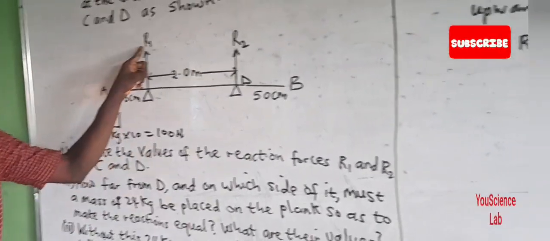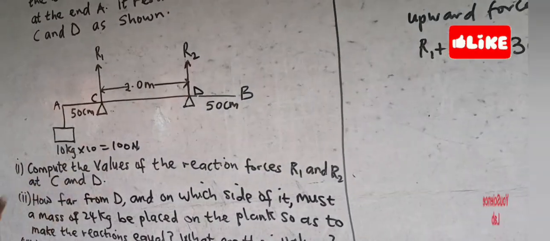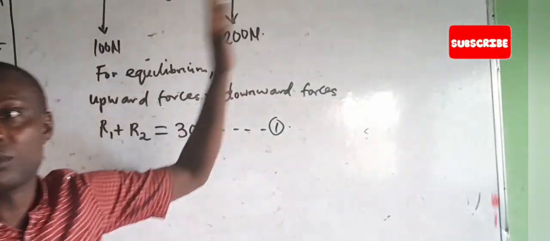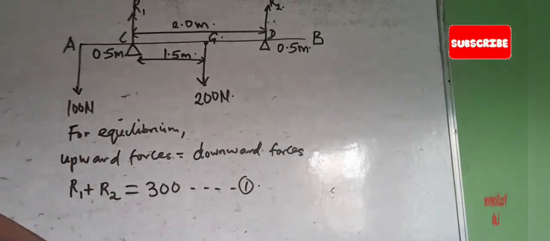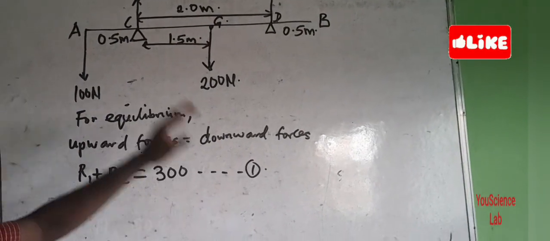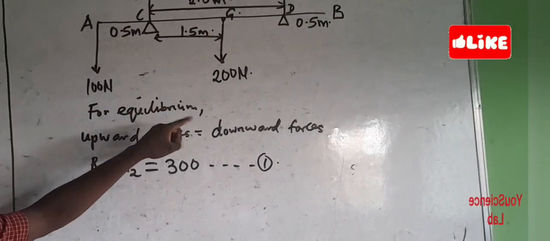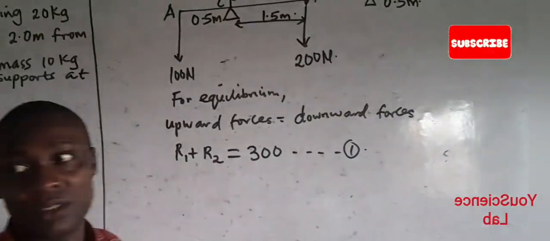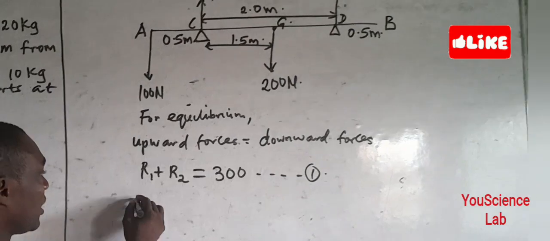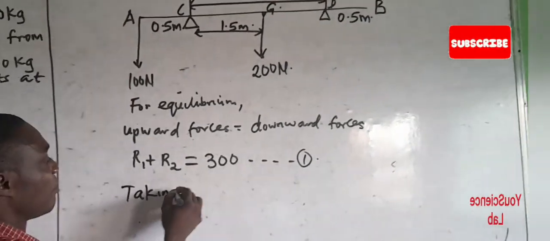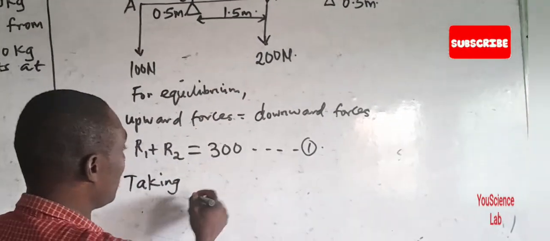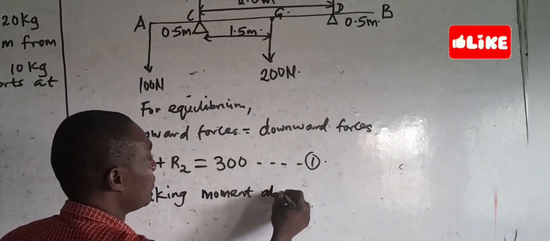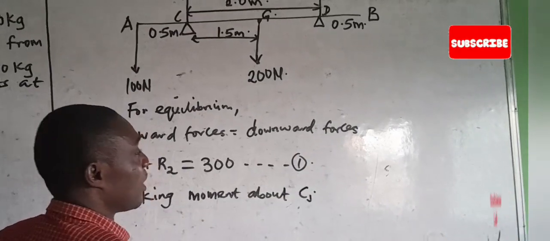Are we following? In all of this, what we are doing is to calculate the reactions R1 and R2. So the next thing we have to do is to take moment. Because it is in equilibrium, we have to take moment about any of these points. We can take moment about point C or point D. So I'll take moment about point C. So taking moment about C, we are going to have this.